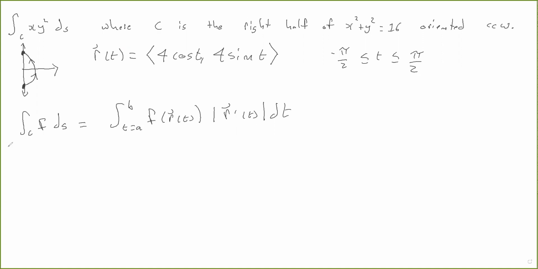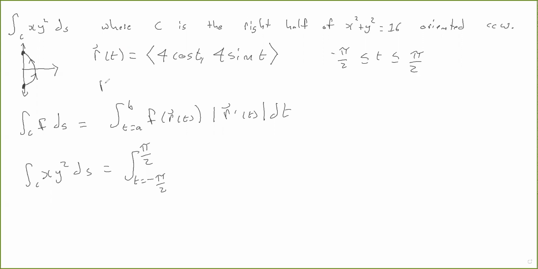Okay, so the left-hand side, this is the thing that we want to compute. This is the integral over C of xy squared ds. Now, the bottom limit is going to be t equals minus pi over 2, to pi over 2. This is t going from minus pi over 2 to pi over 2. r prime of t, well, let's do the magnitude of that first.